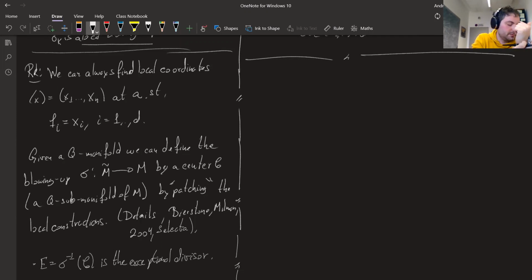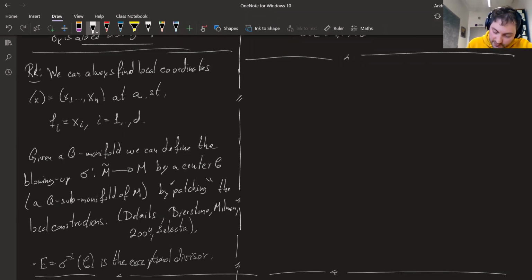So this is maybe not compatible with the definition of an exceptional divisor in algebraic geometry, which is basically the set where it's not a local isomorphism. In this case, if the center is a hypersurface, then the blowing up is actually an isomorphism everywhere. But it is arguably the right way to deal with resolution of singularities, to call E the exceptional locus even in this case. This is just a convention.